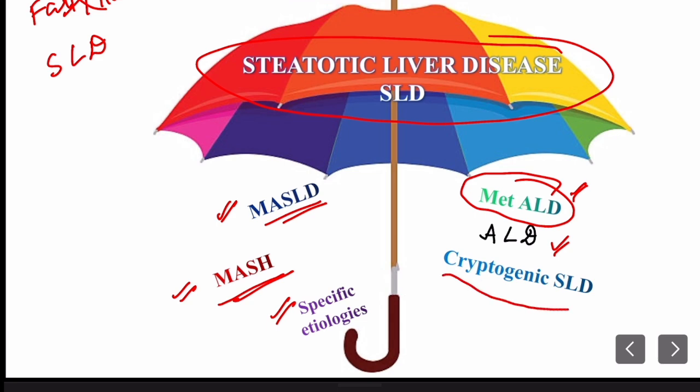And if no other cause is known, then it is known as cryptogenic steatotic liver disease. So these are the different categories that come under this umbrella term, which is steatotic liver disease. This has made the different etiologies more clear and comprehensive. So now we can categorize them more accurately, and then we can have better treatment plans.